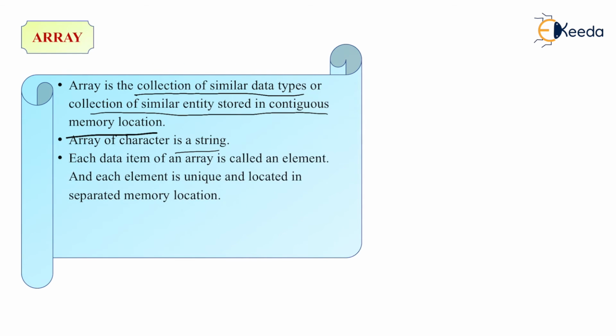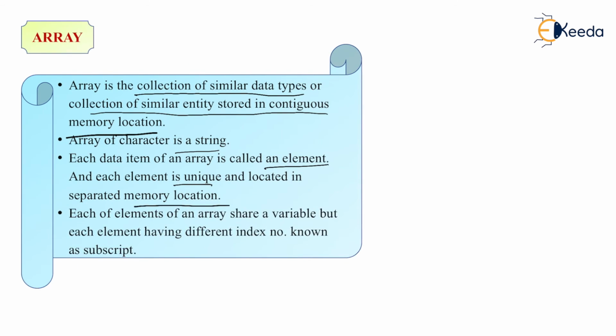Each data item of an array is called an element, and each element is unique and located in a separate memory location. Each element of an array shares a variable name, but each element has a different index number, which is known as a subscript.